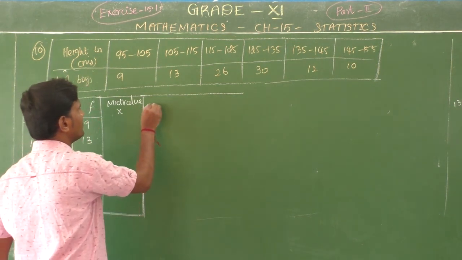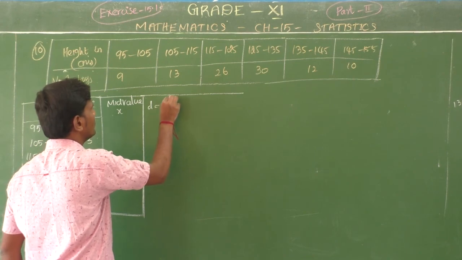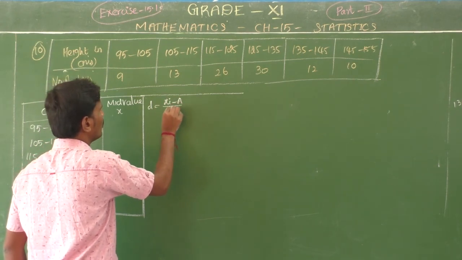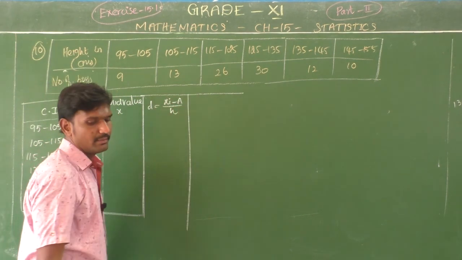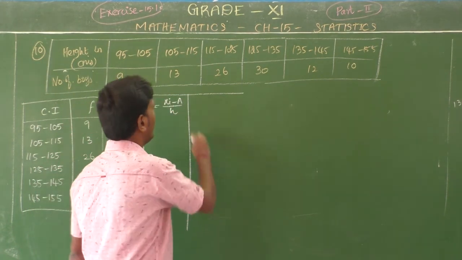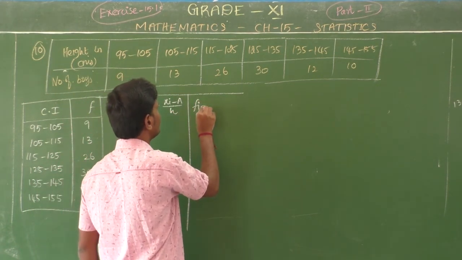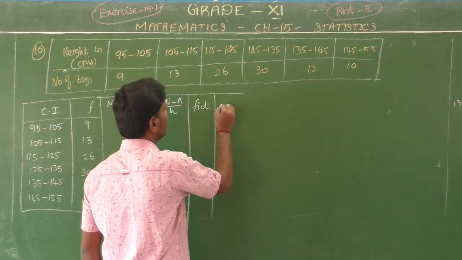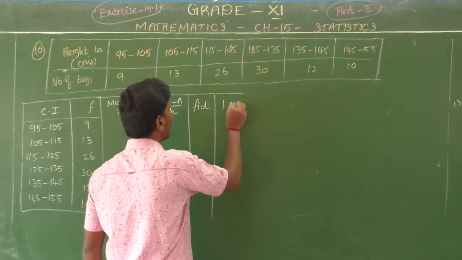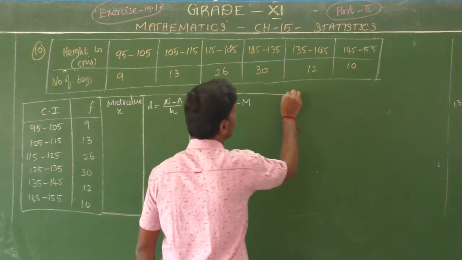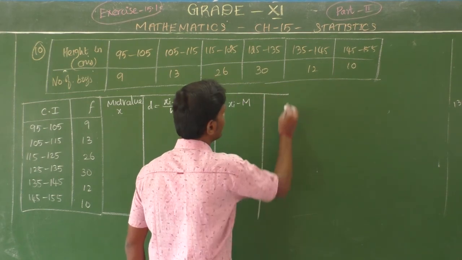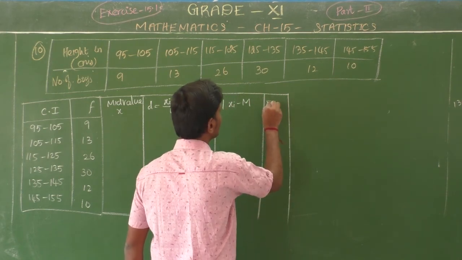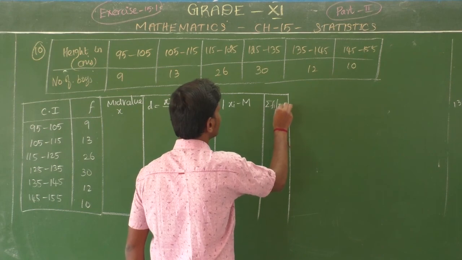So for the step deviation method, d equals xi minus a, whole divided by h. Okay, and then fi into di. Then modulus of xi minus mean m. Finally summation fi into modulus of xi minus m.